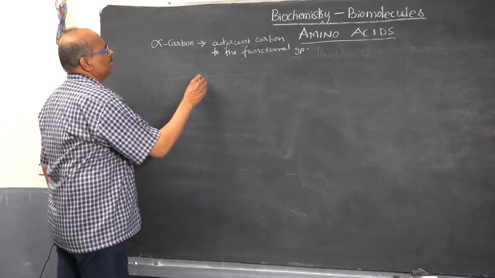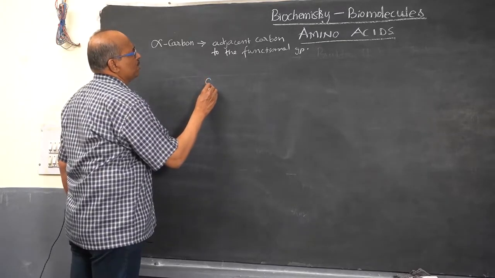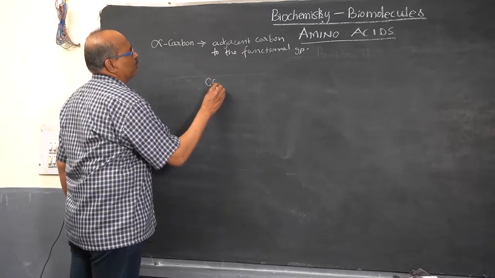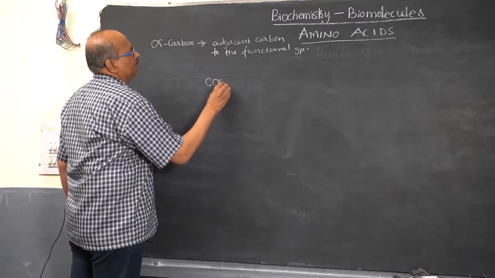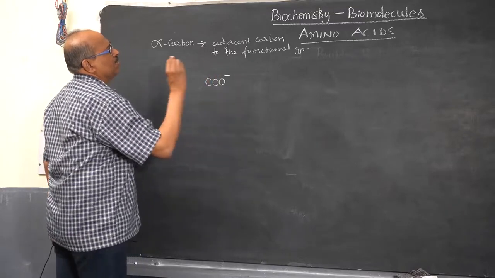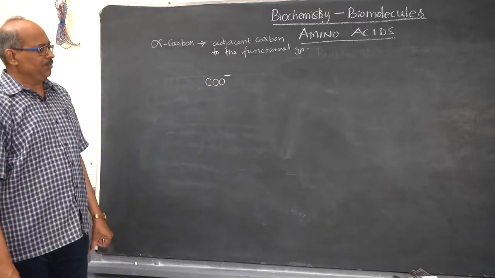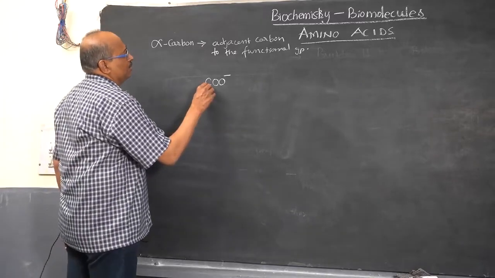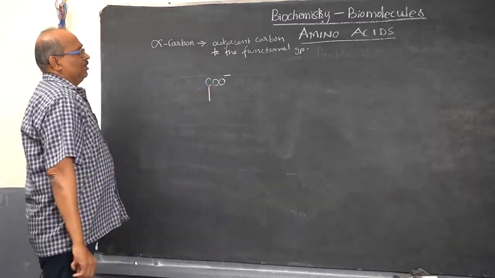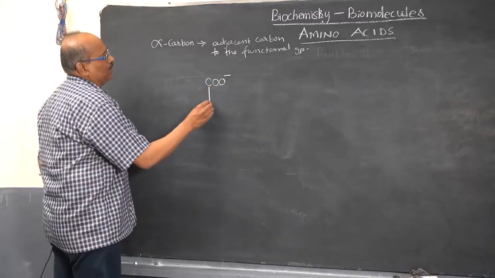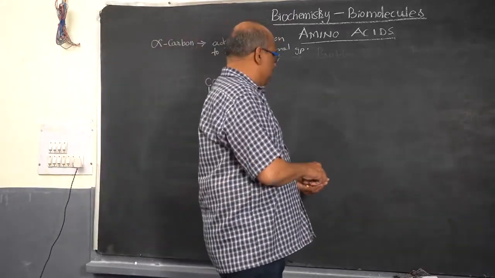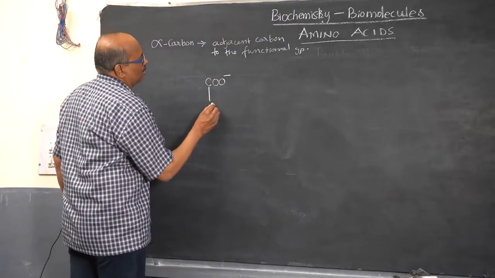So here the priority functional group is the carboxylic group. So we'll write this as a carboxylate group. This carbon is what we call the alpha carbon.